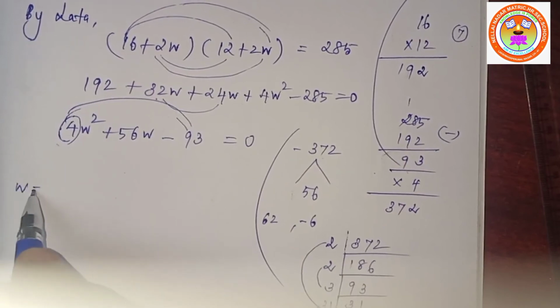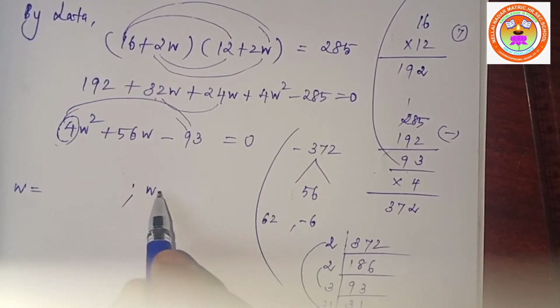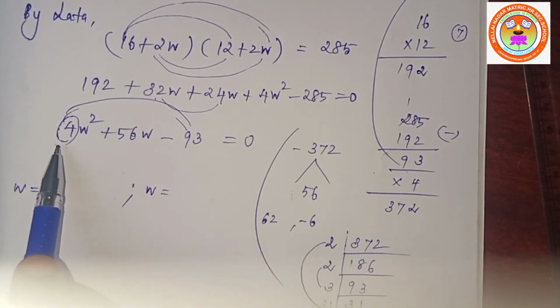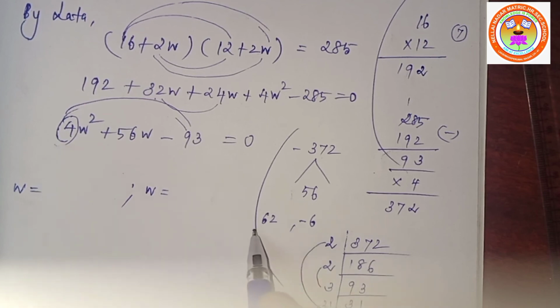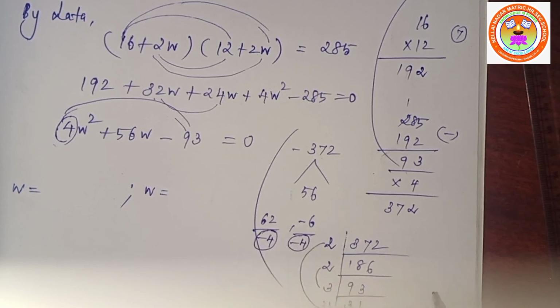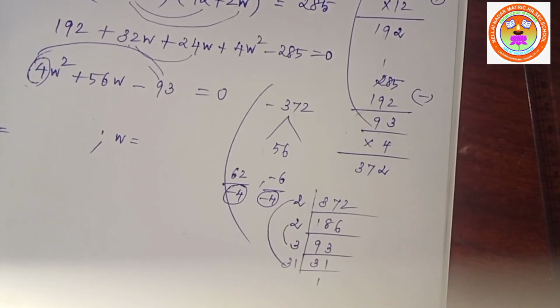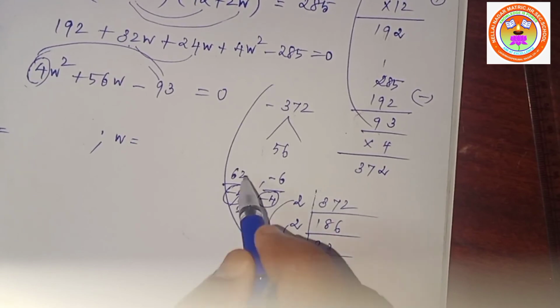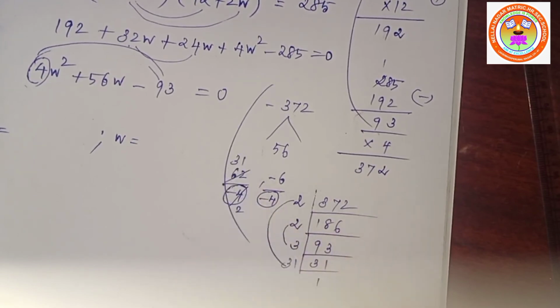Write W equals, what is the coefficient of W square? 4. Right? 4 in the denominator. Okay. Now you have to simplify. Divide by 2, 2 table only here, 2 times, 31 times.